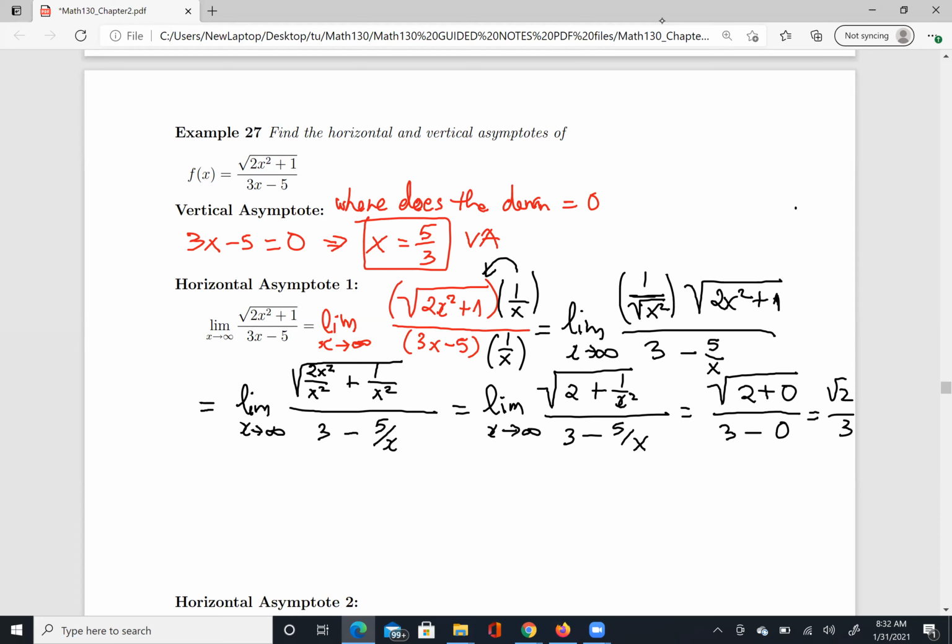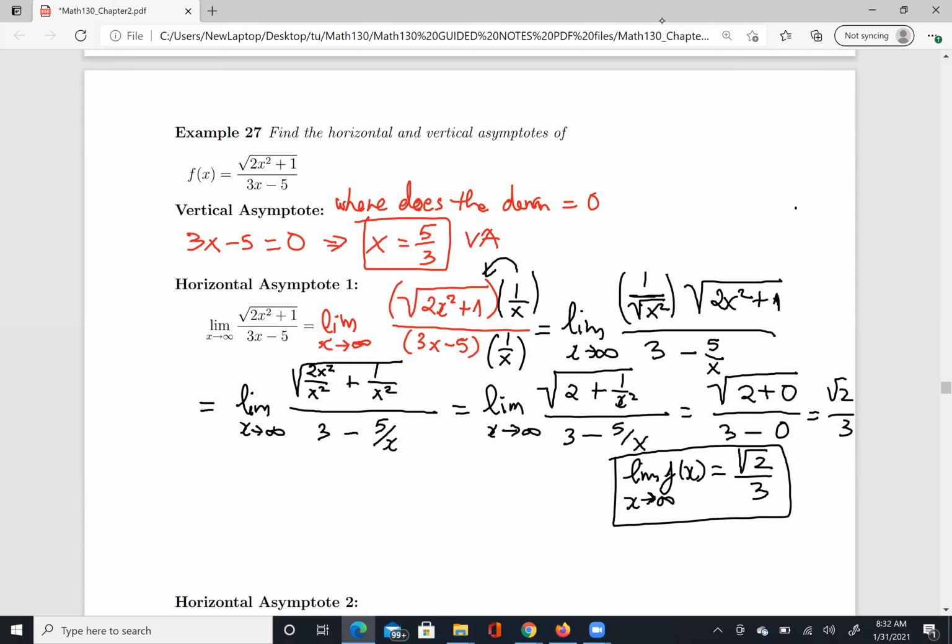And you're going to have y equal to square root 2 divided by 3. Or actually, I would say the limit of f(x) when x goes to infinity should be square root 2 over 3.